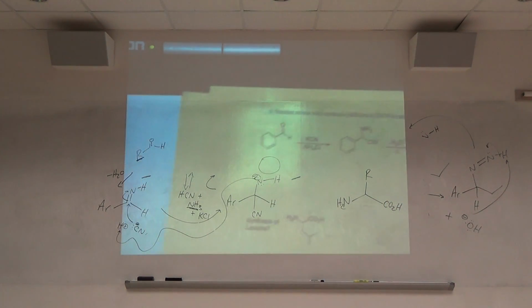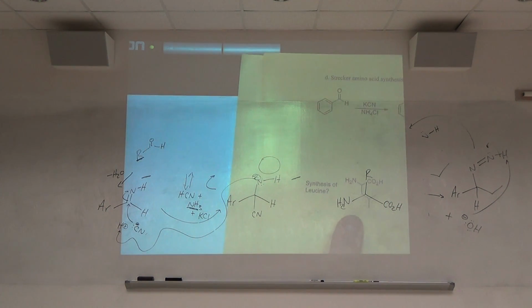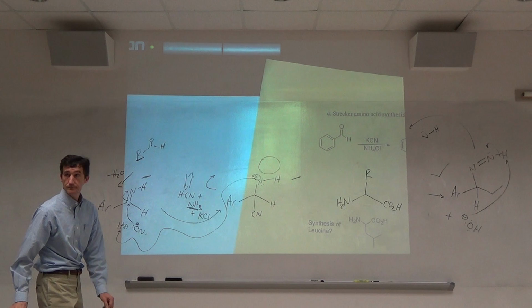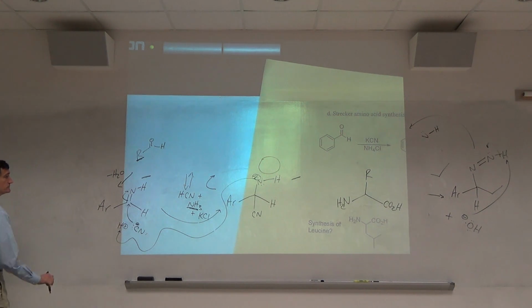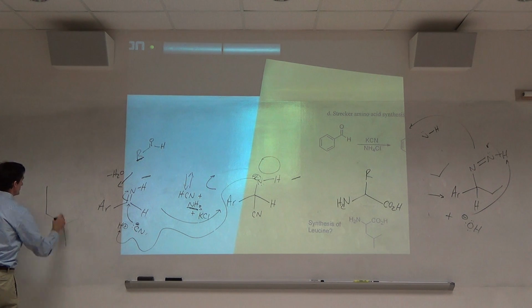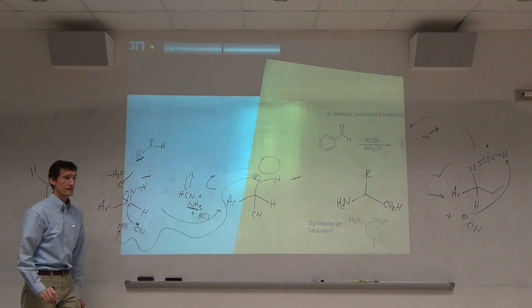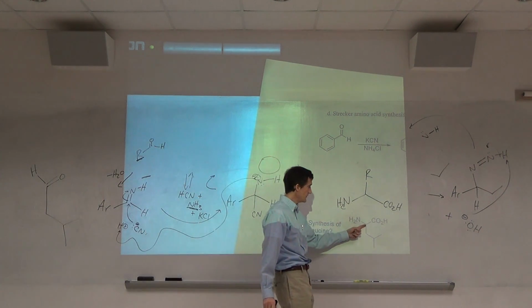There's one right there, just upside down. You see it? What aldehyde would you use to make leucine? Make that aldehyde right there, because that carbon used to be an aldehyde.